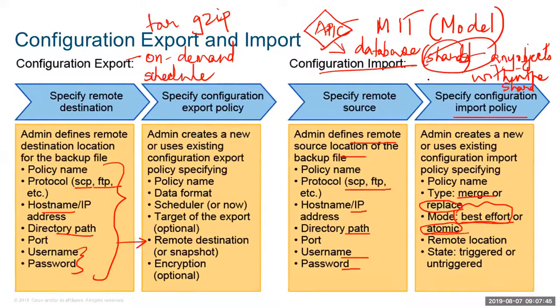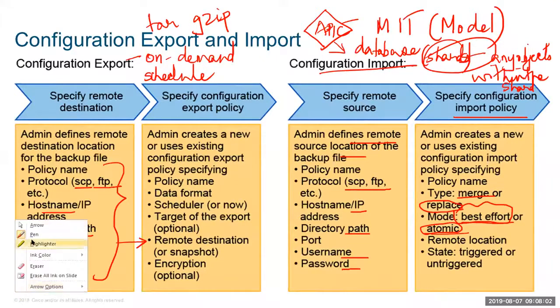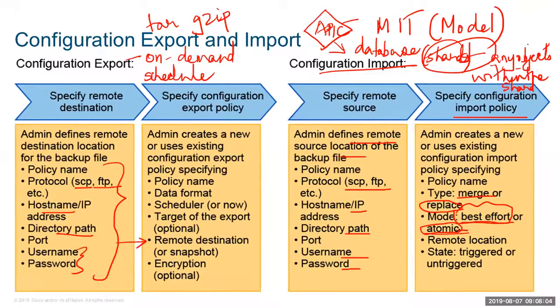So a small error will ignore the entire shard. That's the atomic mode. You have the option to choose. It will ignore the shard and it will roll back with atomic. If there is a problem, it will say, sorry, I'm going to ignore and roll back to the original state. Any issues with a managed object within a shard?